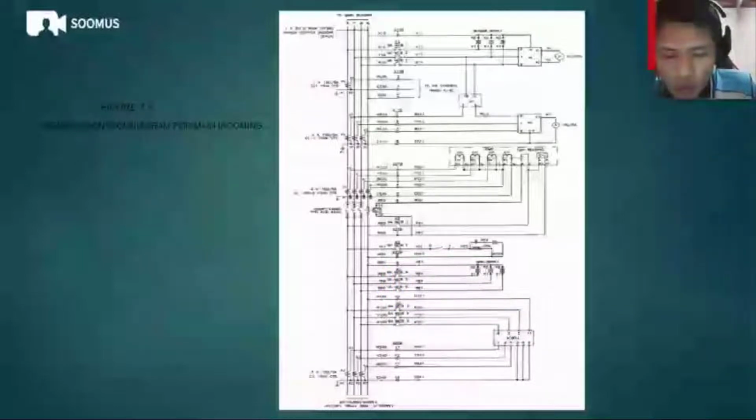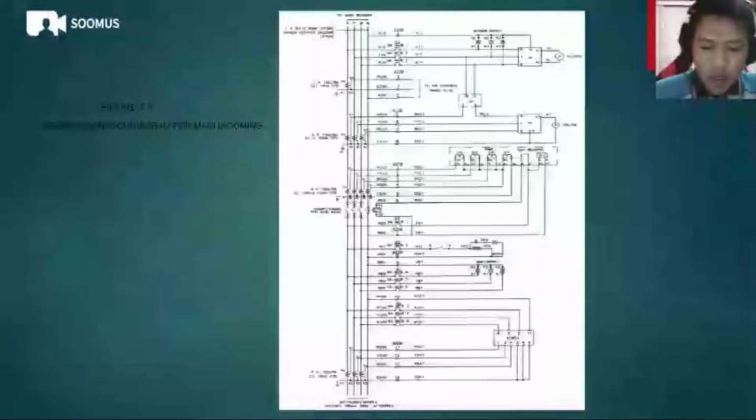So once the circuit is energized, from the incoming from the TNB, we will see the indicators for red, yellow, and blue light up to show that there is supply from the TNB.